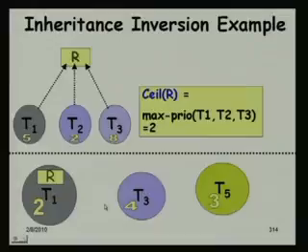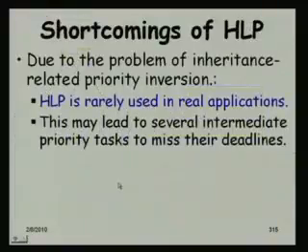What is the duration for which T3 and T5 might undergo inheritance inversion? Yes, it is the duration for which T1 needs the resource R. If T1 blocks for input output, then the situation is more complex.